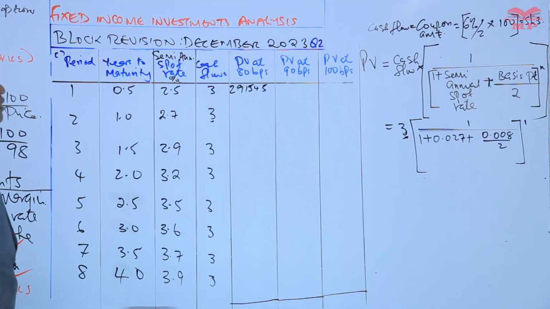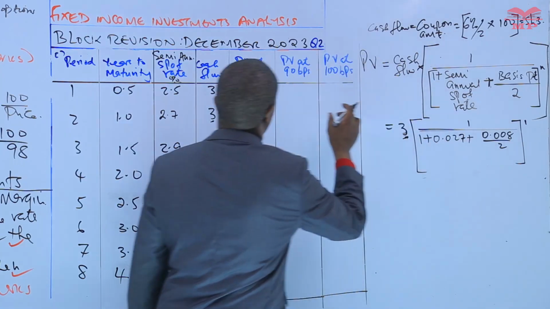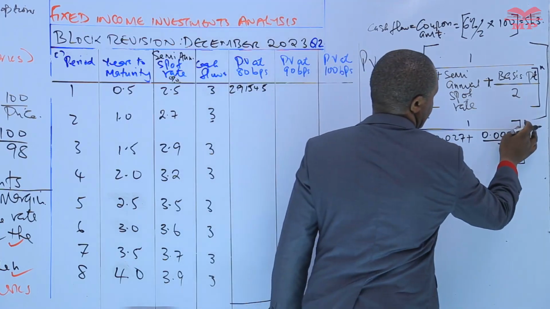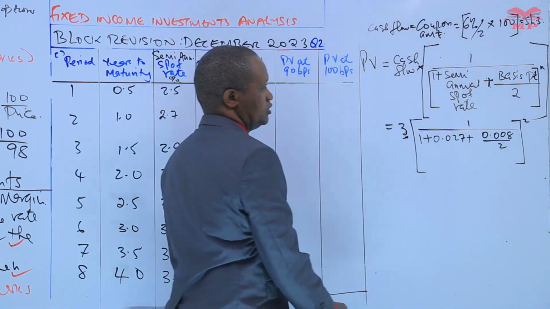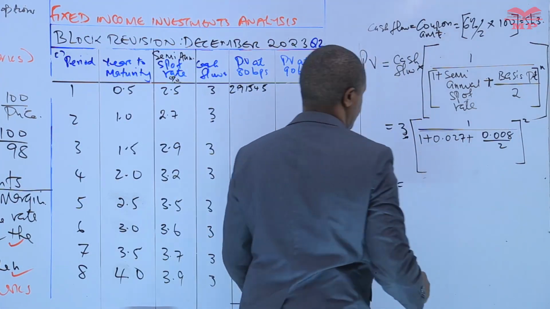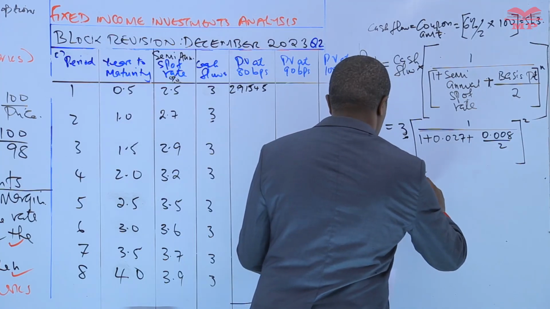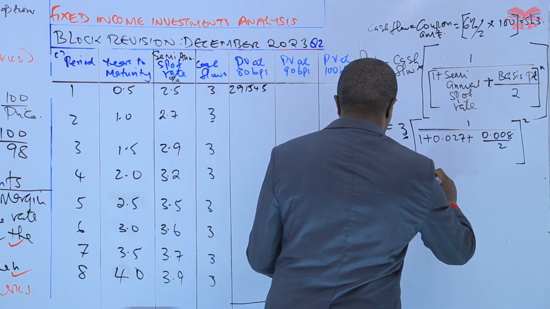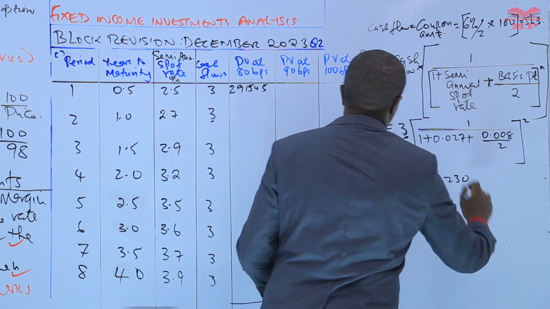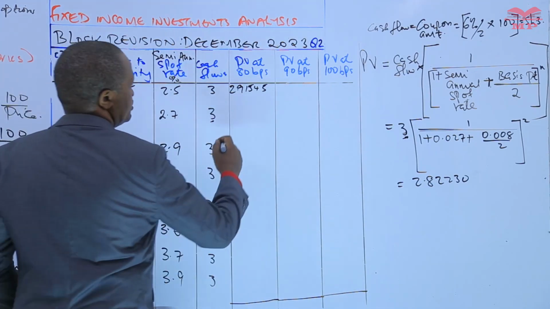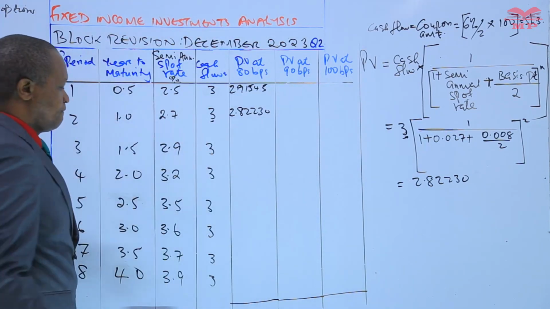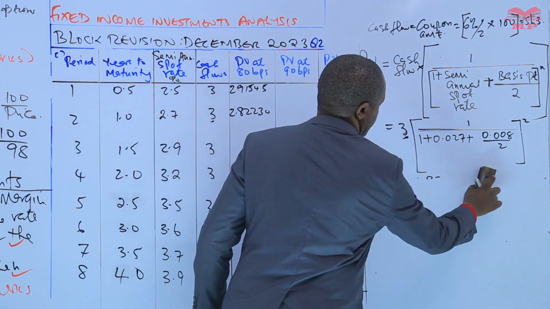The basis point will not change because we are calculating at 80 BPS. And the period will change to 2. So period 2 present value is 2.82230.